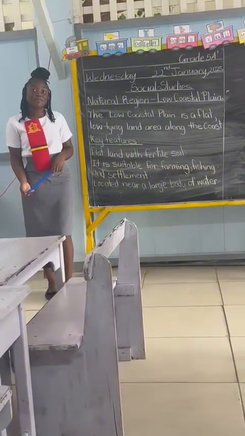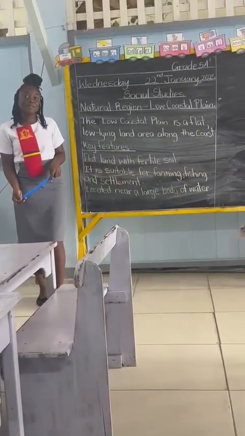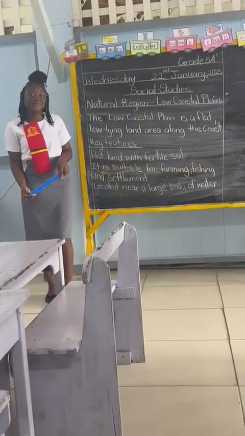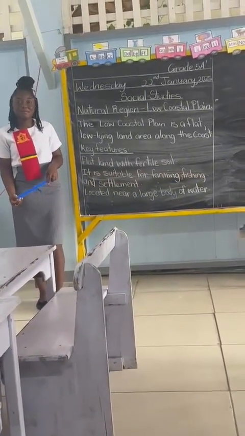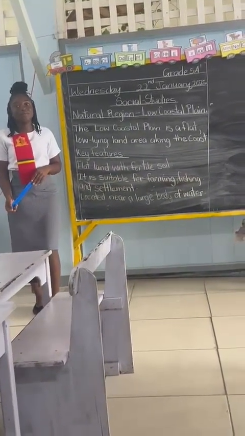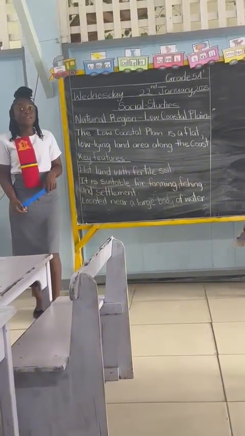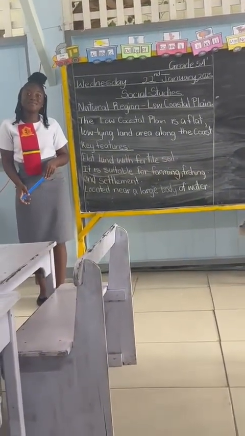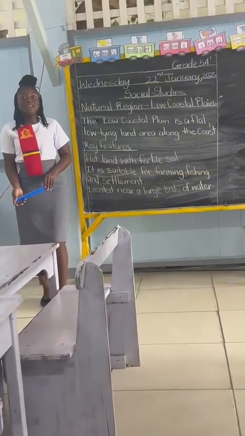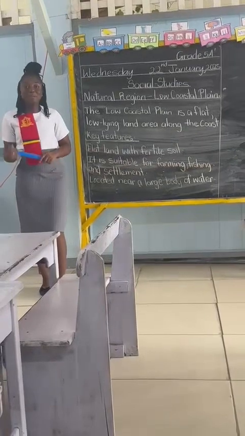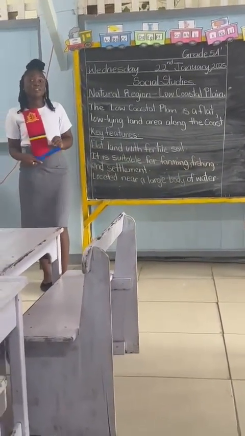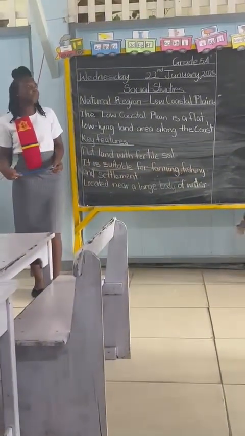And when I hear the word coast, West Coast Berbice comes to mind, and that is where we're living. So I'm guessing that the low coastal plain is region 5 and region 6. Also Georgetown, Miss, because those areas are flat lands. That is great. Tap yourself on the shoulder. Good, that is great. Thank you for your information.